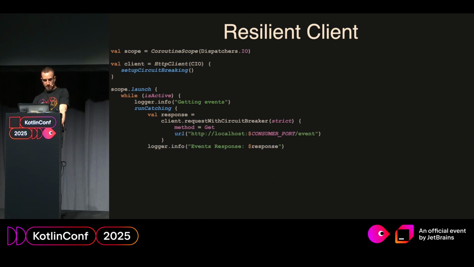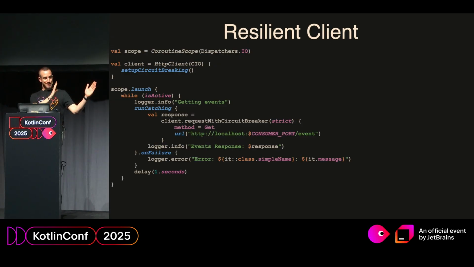And here we get the events from the consumer, we log them, and handle the failures. Okay, so, I mean, it would have been better to see side by side, but basically the difference is that we added this setup circuit breaking here, and we added the request with circuit breaker. It could also be request with circuit breaker without the strict argument there, and then it would just use the global behavior.